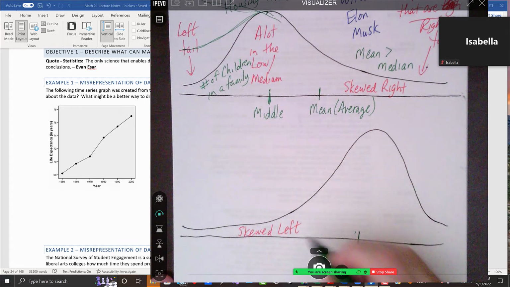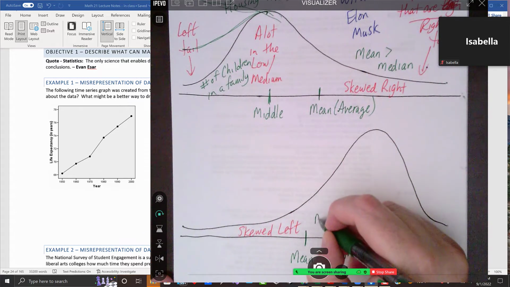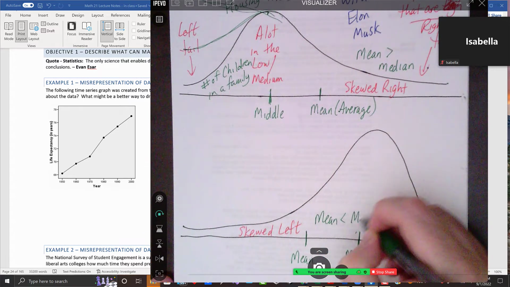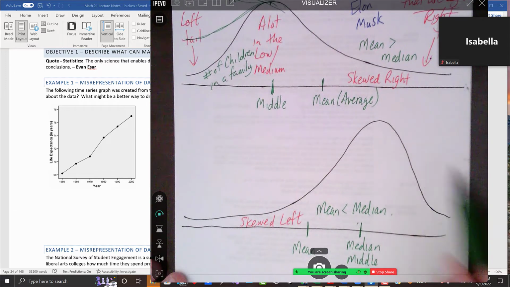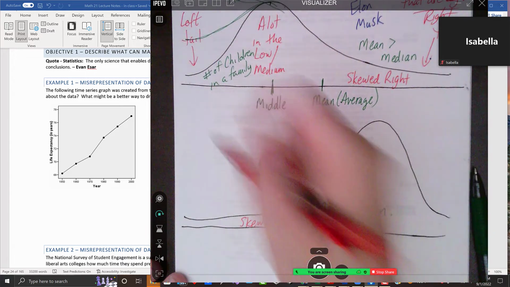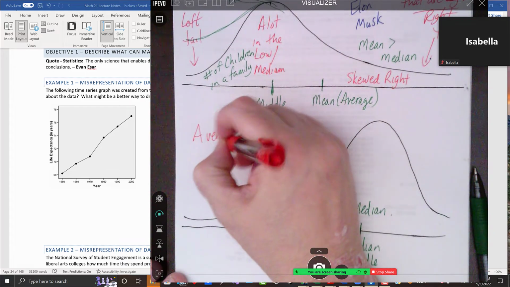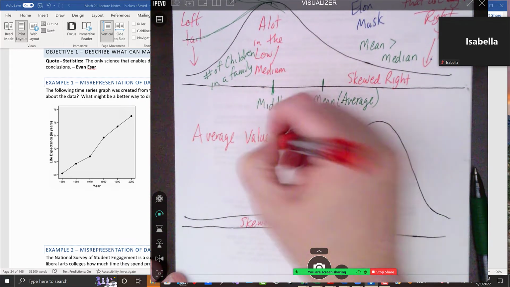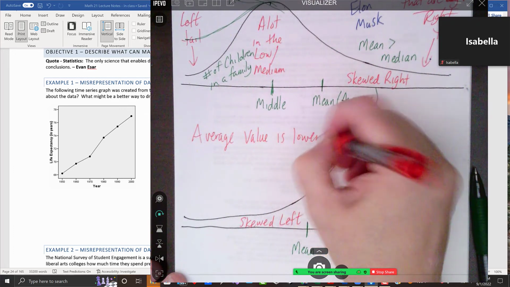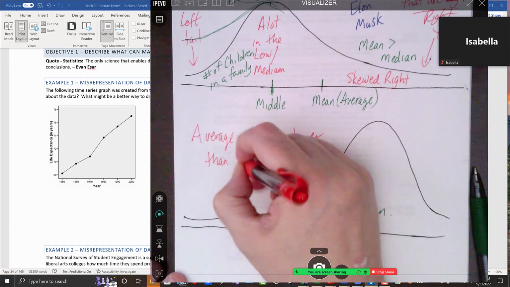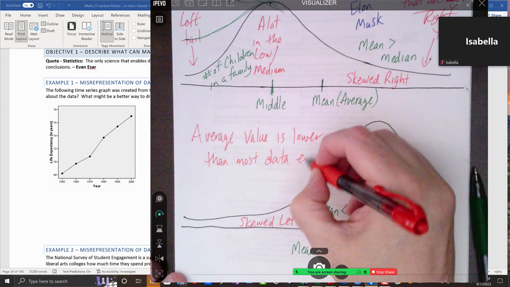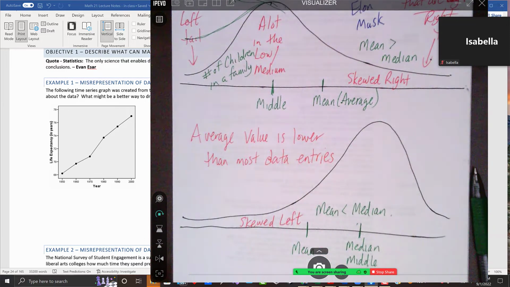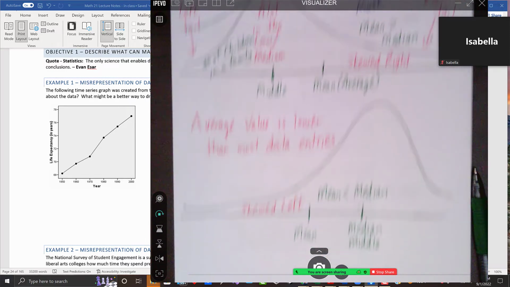But now the mean gets shifted over towards the tail, which means the mean is less than the median, which means the average value is lower than most people's value. Data values or data entries. I don't want to say people because it doesn't necessarily mean people.